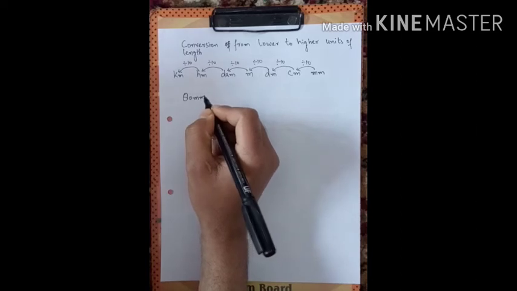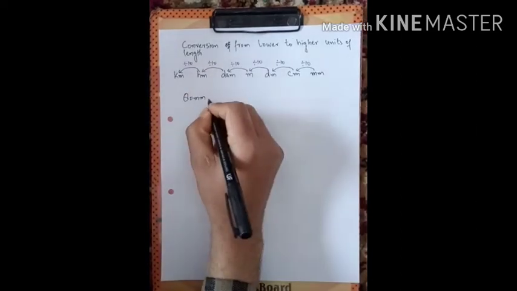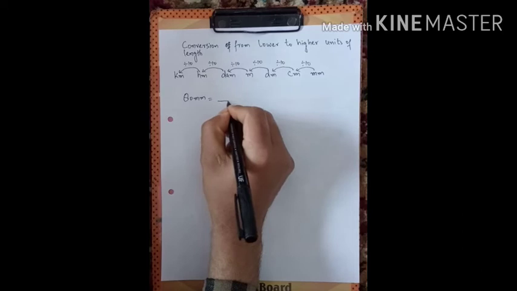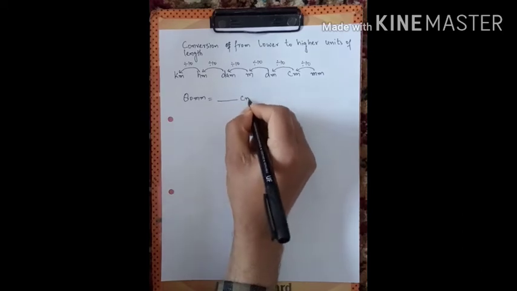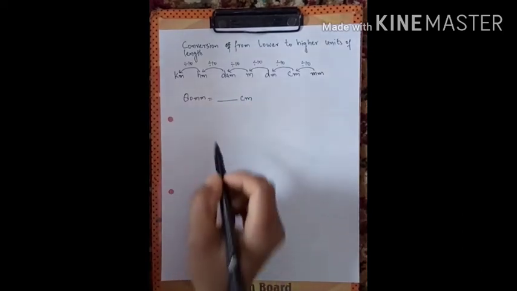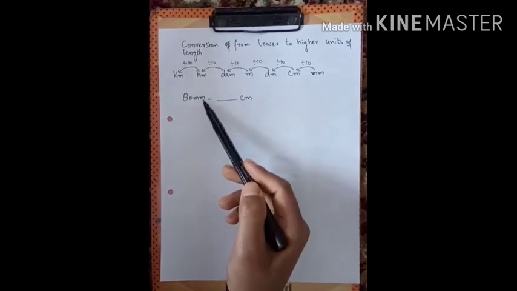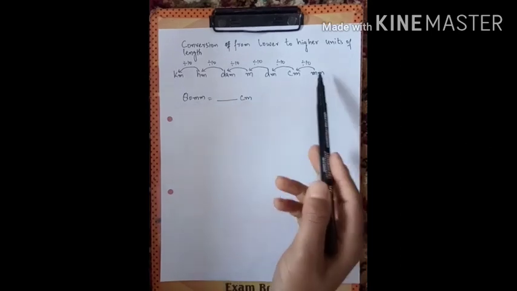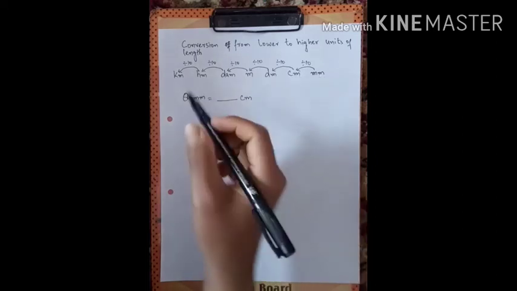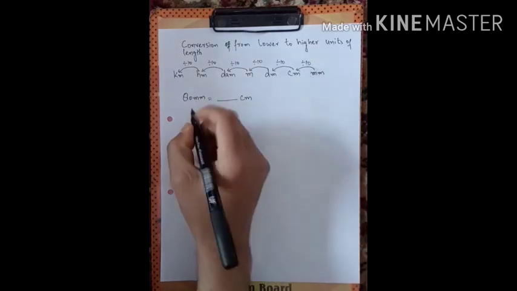Okay, for example, I have 80 millimeter, and I have to convert this 80 millimeter into centimeter. So my first step is to find how many steps are between millimeter and centimeter. There is one step. So for one step we take 10.